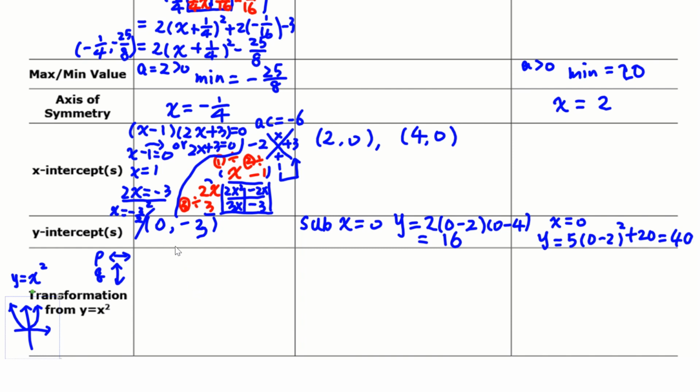So we are going to write a equals 2, so a vertical stretch by 2. A vertical stretch by 2 changes the steepness of the U shape. It is not reflected.